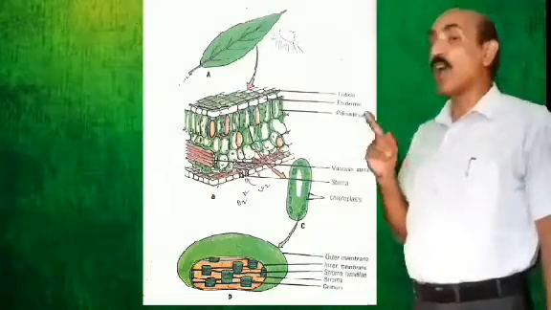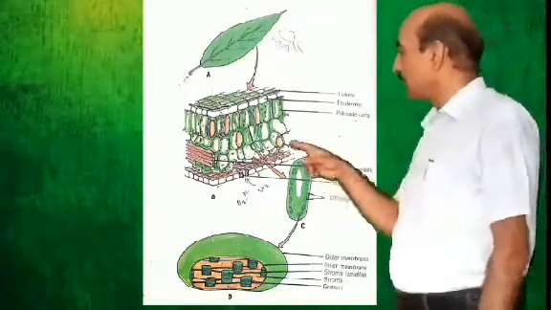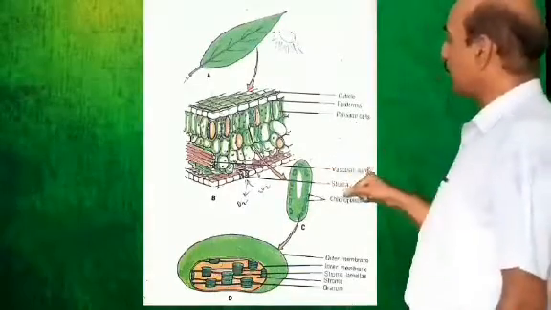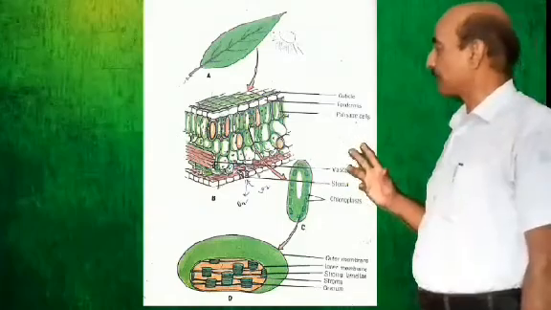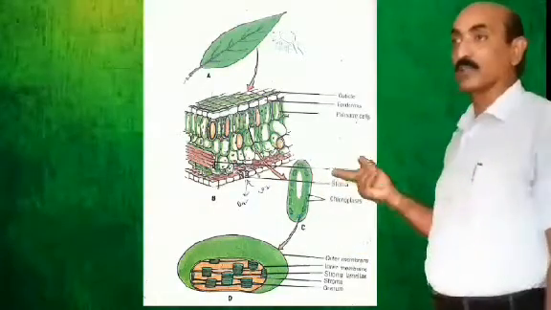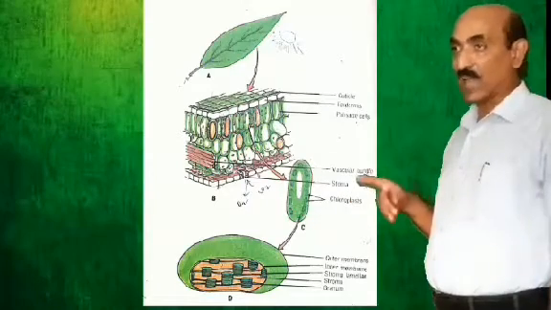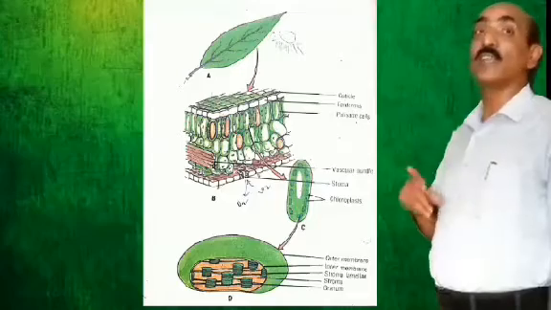Chloroplast is an autonomous cell organelle. Now see, beneath, this is the innermost structure. This is the largest cell organelle called chloroplast. That is also called autonomous cell organelle because plastids or chloroplasts have their own DNA.